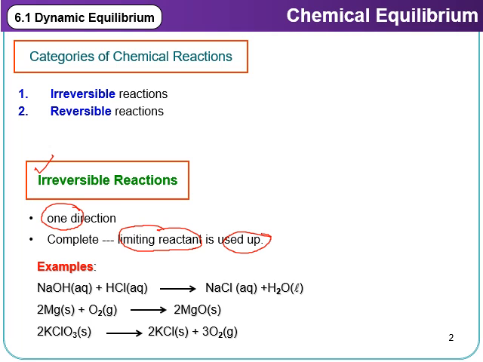These are the examples of the irreversible reaction. If we look at the chemical equation, a one-way arrow is used, which goes to the right-hand side.